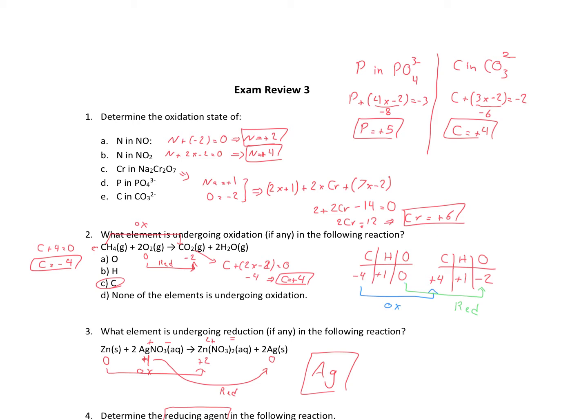So A, we want N in NO. There were certain rules in the lecture slides that you have to know. For a neutral molecule, the sum of the oxidation states of all elements is 0. If you have a polyatomic ion, the sum of the oxidation states of all elements equals the charge of the polyatomic ion.